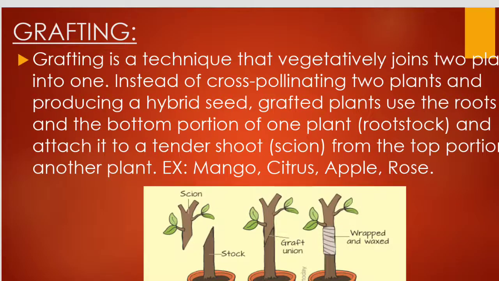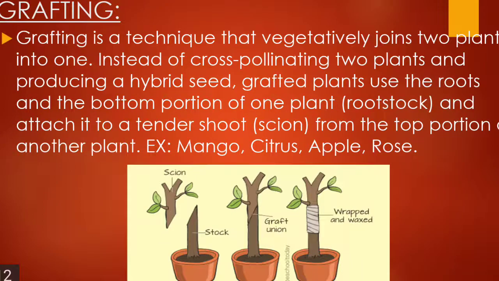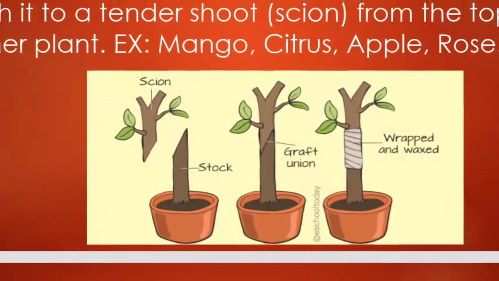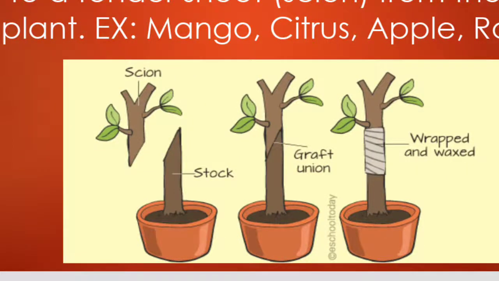Now let us see what is grafting. Grafting is very interesting. Here we actually select two plants. One is seated in the soil, and another we cut from the other plant and bring close to it. The one which is in the soil is called stock, as you can see in the slide, and the other which is cut from another plant and brought is called the scion.